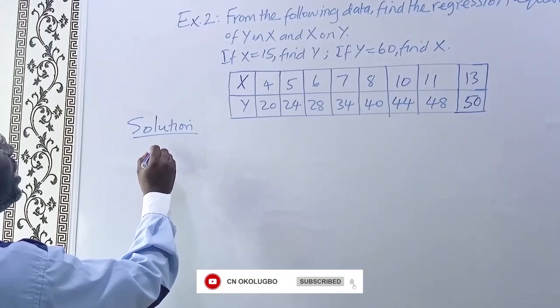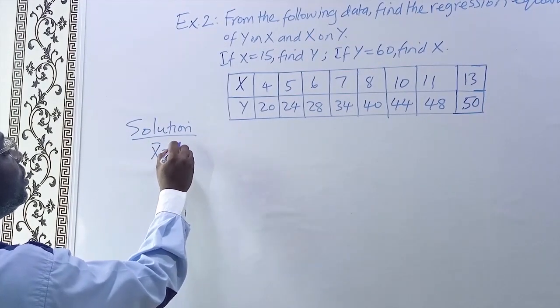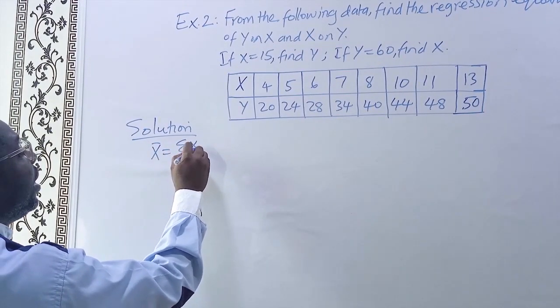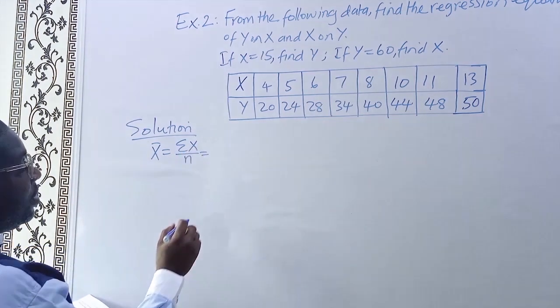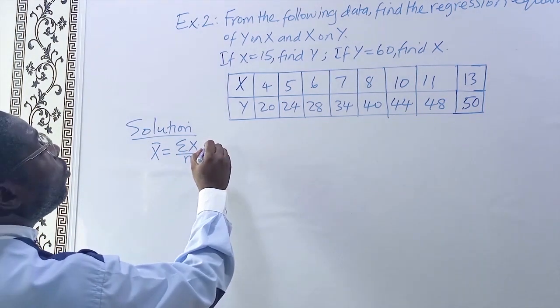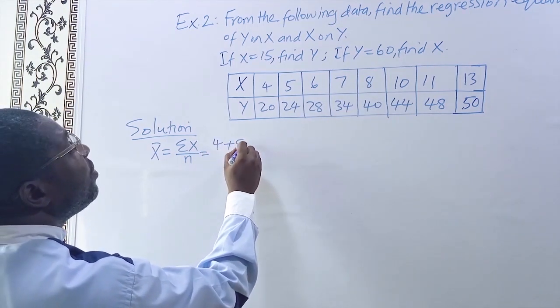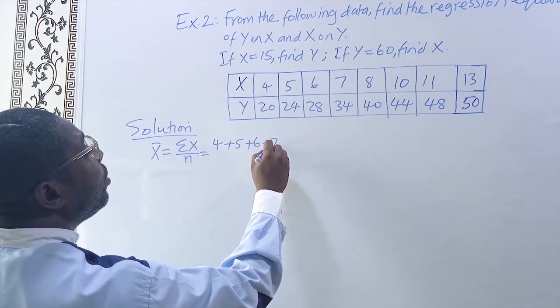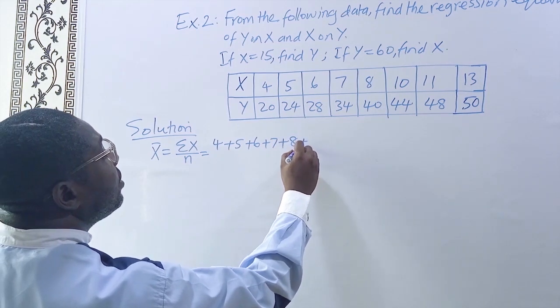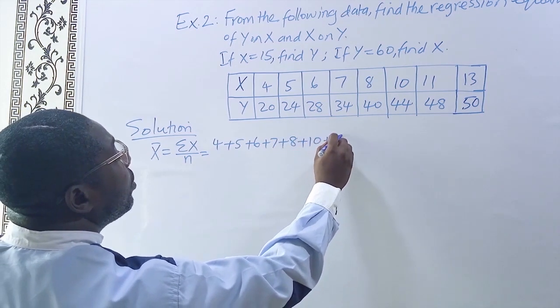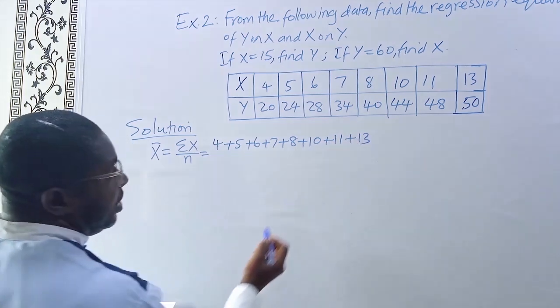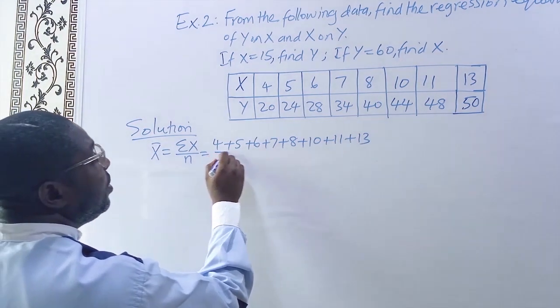And then we want to find the mean of X, which is the summation of X all over N. And let's quickly do that. That will be adding up all these values. That will be 4 plus 5 plus 6 plus 7 plus 8 plus 10 plus 11 plus 13. That's what we're given.